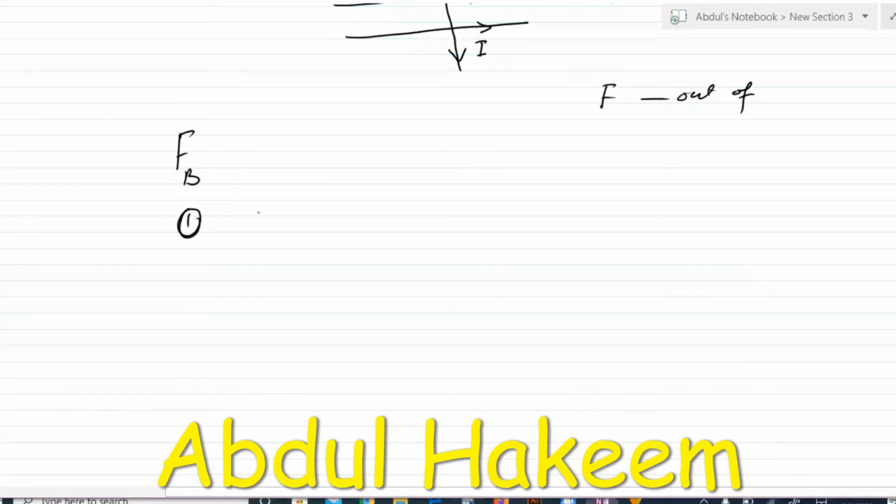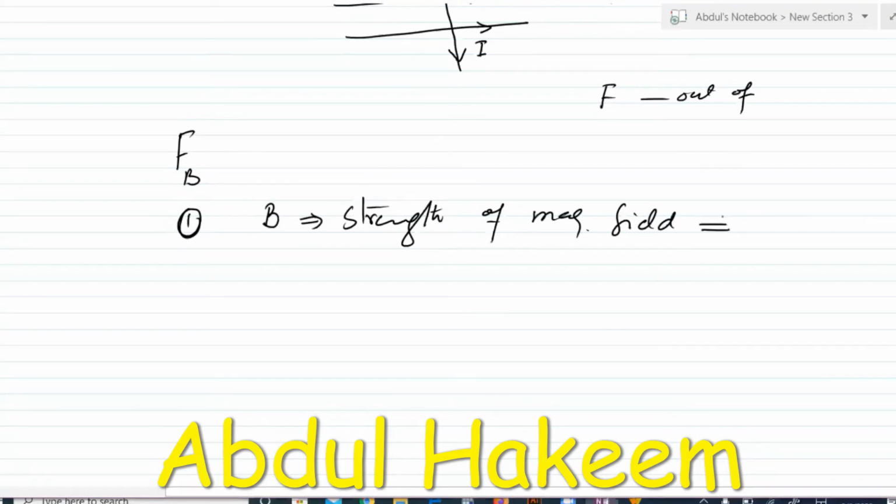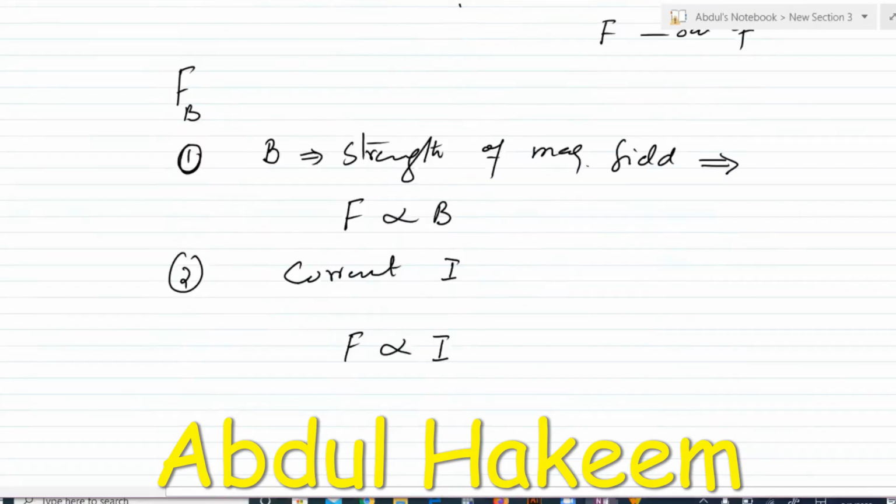number one, what is the strength of the magnetic field B, which is now called the magnetic flux density. So the force and B are directly proportional. And number two, it depends on the current I. So the larger the current, the greater the force, so both are directly proportional.